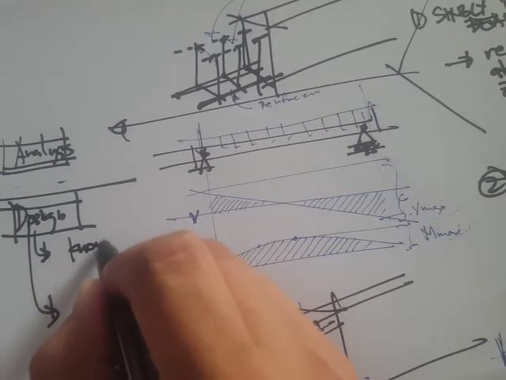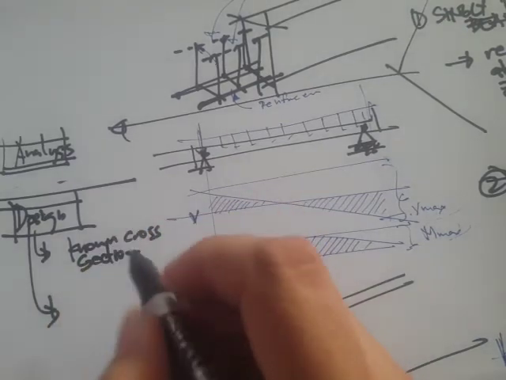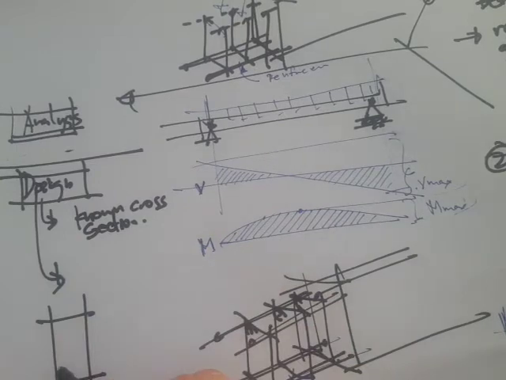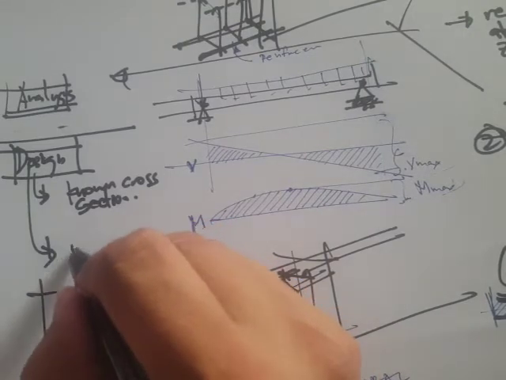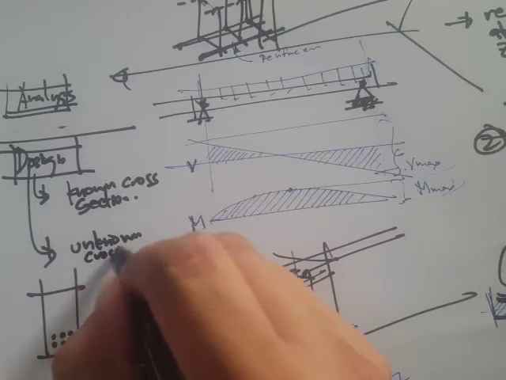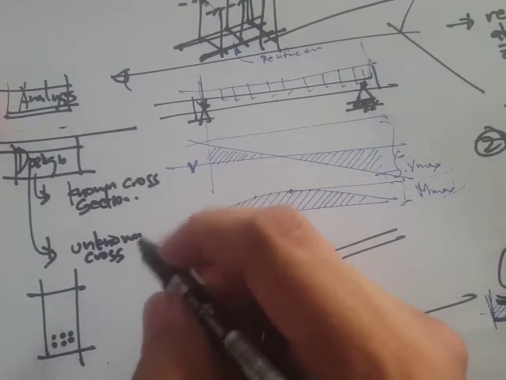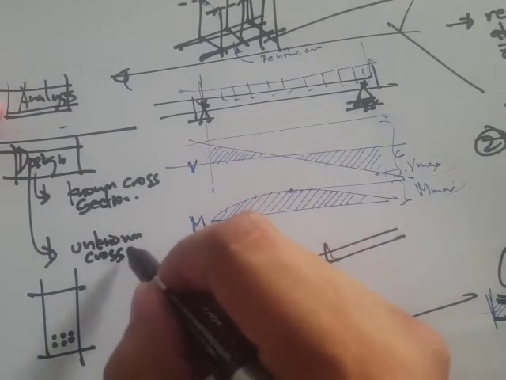But for these design problems, there are still two types. For example, a known cross section: you have the geometry of the beam, except that you don't know how many rebars you are going to put in. Another type is an unknown cross section, which is probably more difficult because you have to make some assumptions.